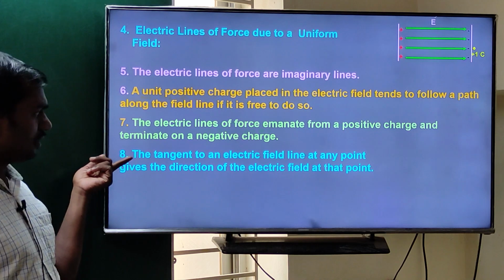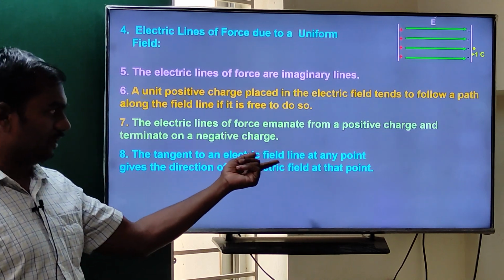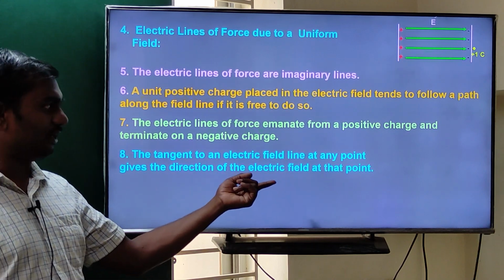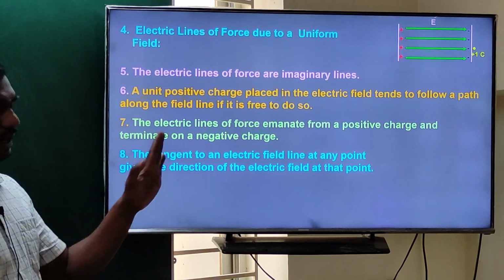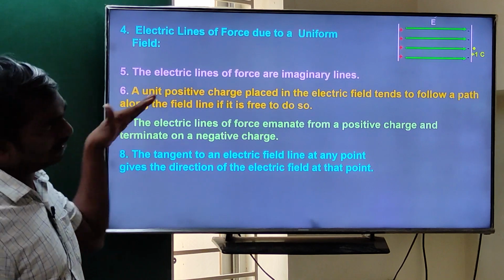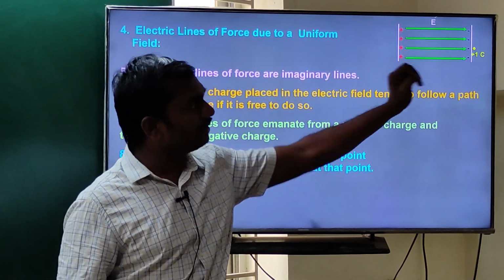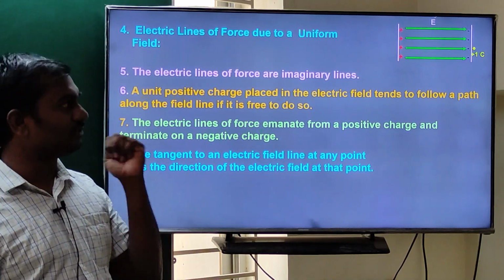And the eighth point: the tangent to an electric field line at any point gives the direction of the electric field at that point. Electric field lines can be represented as a straight line as well as a curve. If it is a straight line, the representation of direction is very simple.